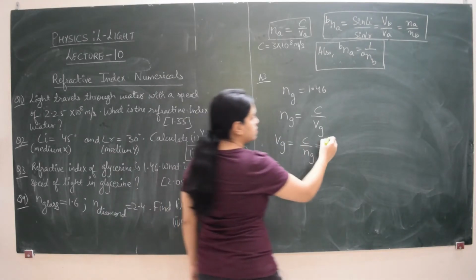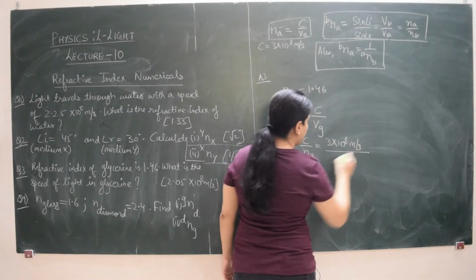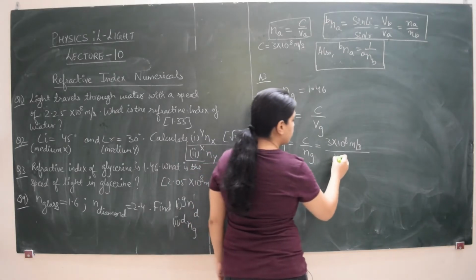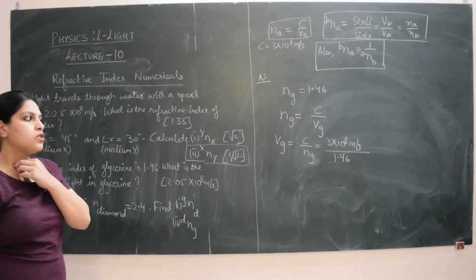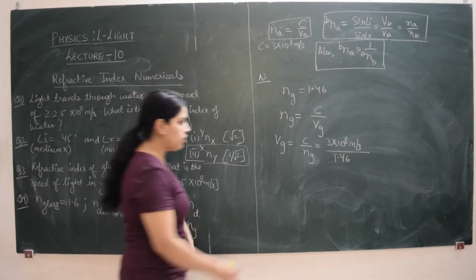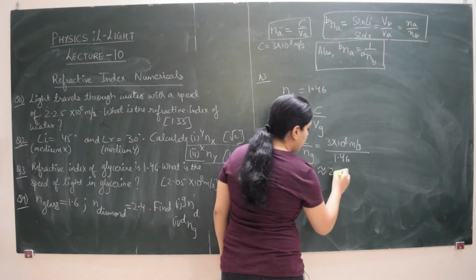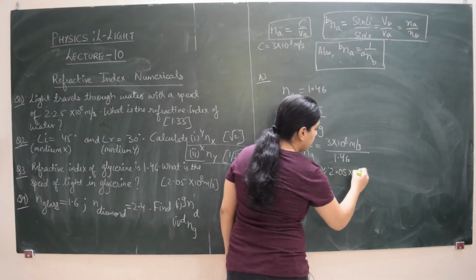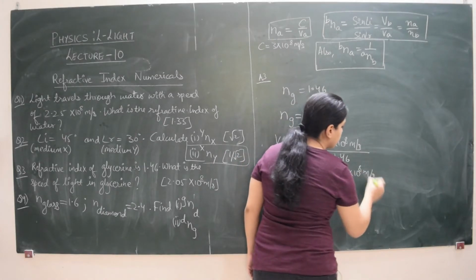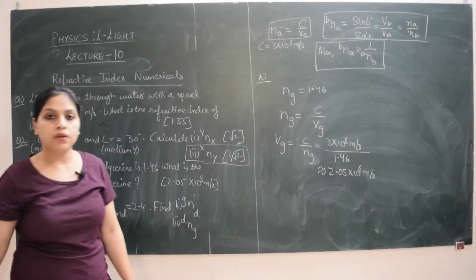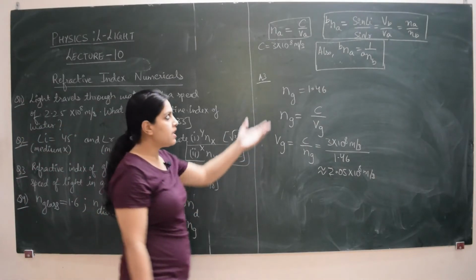C is known to us and Ng is also provided by the question, 1.46. So you have to solve this fraction, and once you solve it, your answer will be approximately 2.05 into 10 to the power 8 meter per second. Okay. So again, a simple thing, absolute refractive index, we have only single relation.